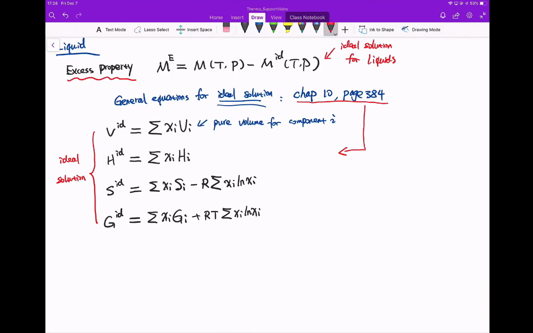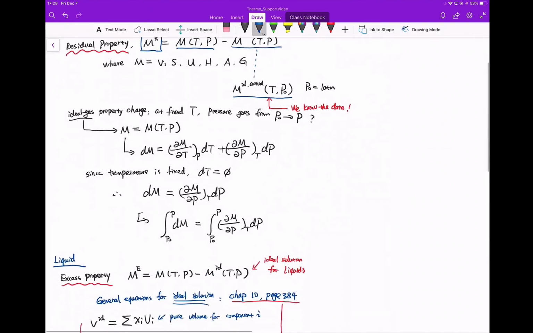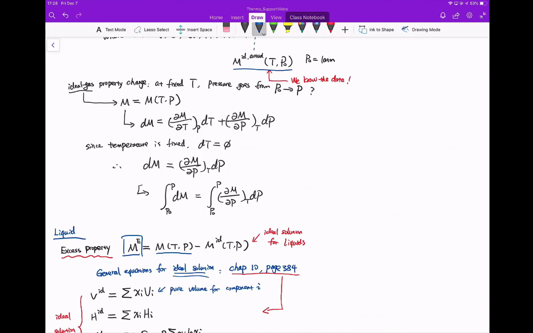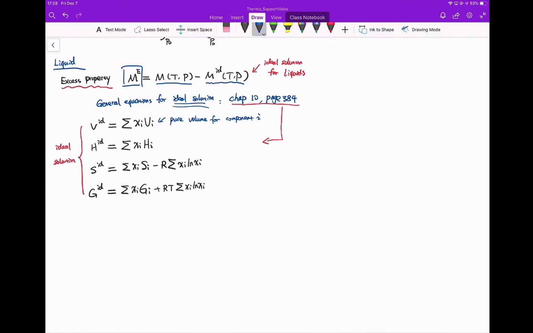The excess property is defined as the difference between the actual property of the mixture minus the imaginary ideal solution, so we need to figure out what the actual value at T and P is. Keep that in mind. This is my mixture of liquid.